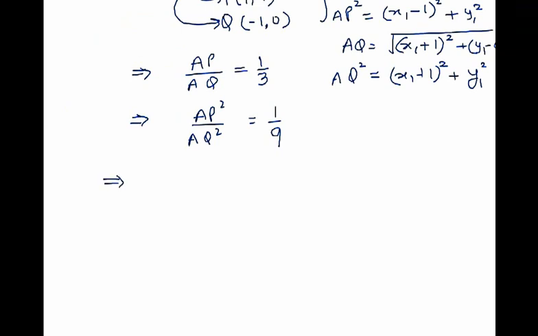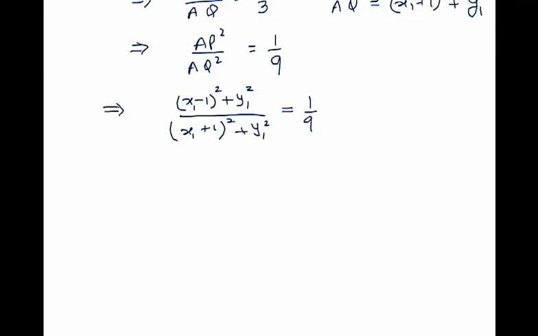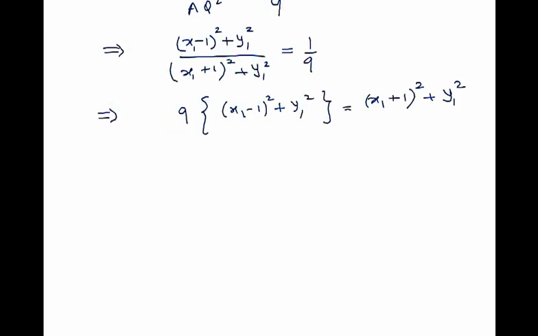Substituting the value of AP square and AQ square, we get ((x1 minus 1) whole square plus y1 square) divided by ((x1 plus 1) whole square plus y1 square) equal to 1 by 9. On cross multiplication, we get 9 times ((x1 minus 1) whole square plus y1 square) equal to (x1 plus 1) whole square plus y1 square.